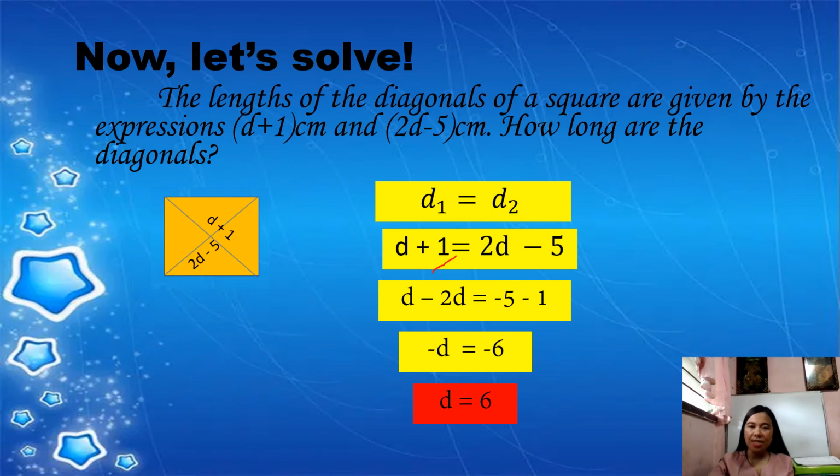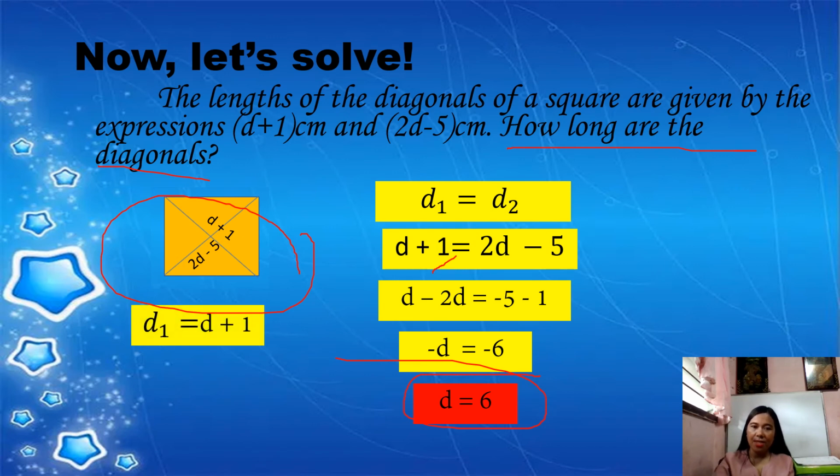The question is, how long are the diagonals? So of course, we need to substitute the d value to the given measurement. So we have d plus 1 is 6 plus 1. Since 6 is the value for d, so we have 7.